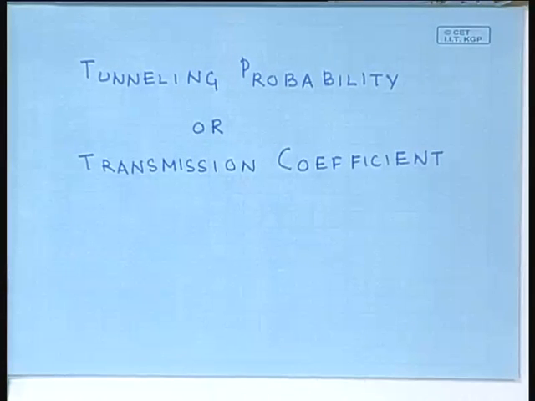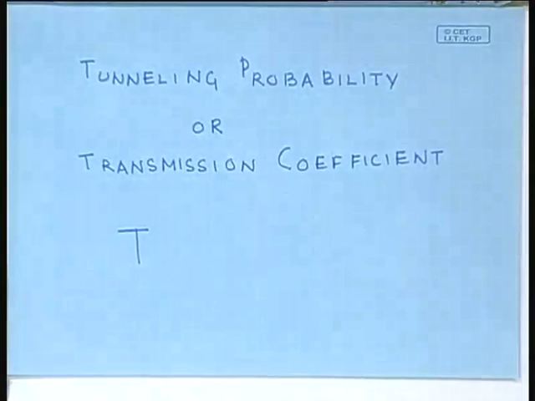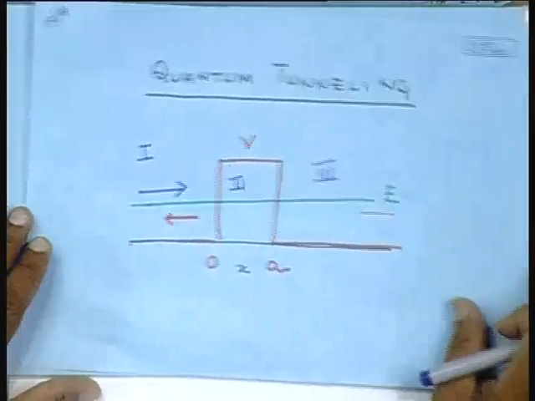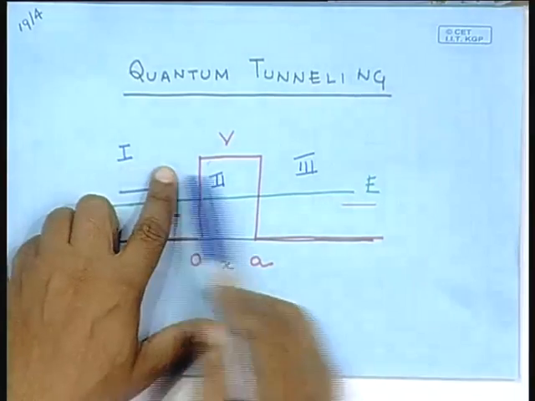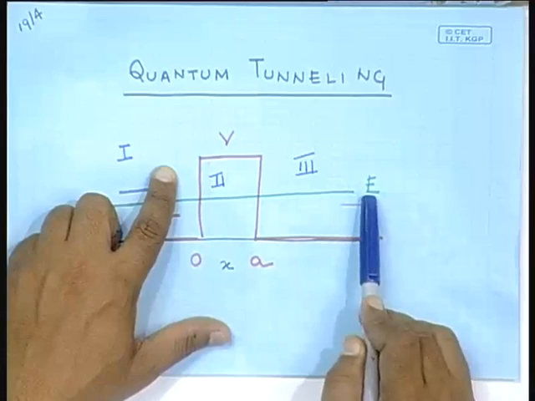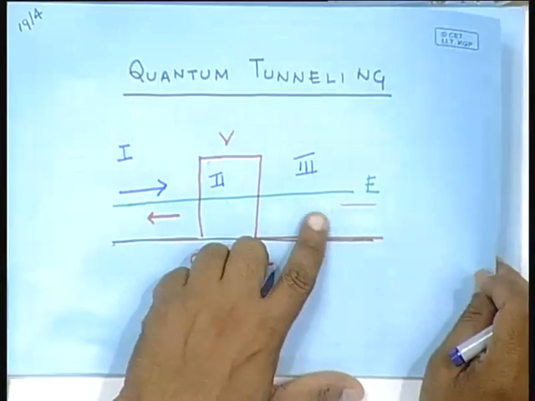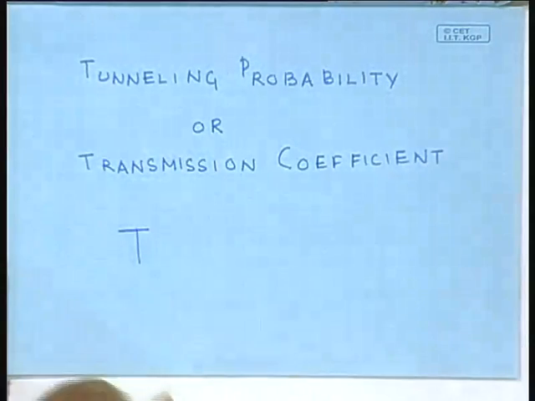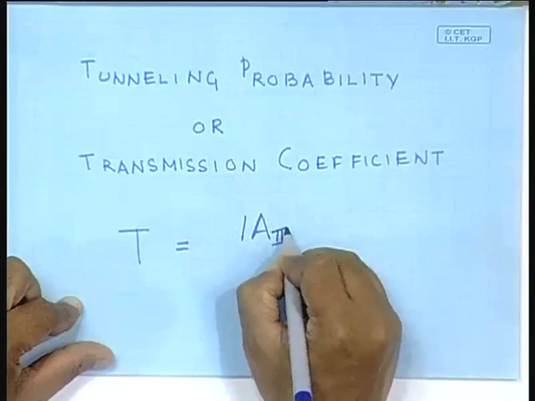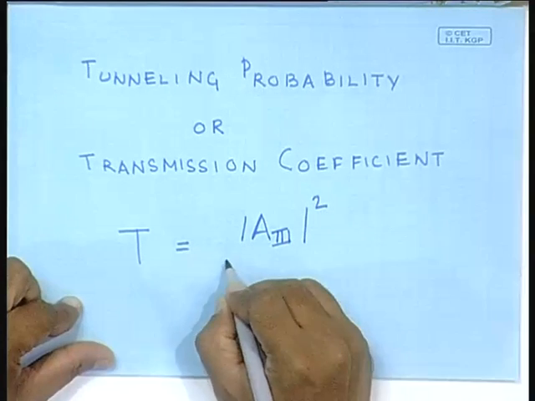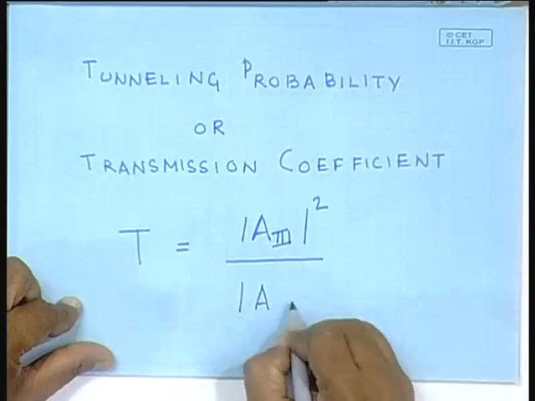The tunneling probability or the transmission coefficient T is the probability that the particle incident from the left hand side tunnels through the potential barrier. So, it is the probability that the particle that comes here is found in this region, and this probability of finding the particle in this region is the ratio of the modulus of A3, the amplitude of the transmitted wave, divided by the amplitude of the incident wave.